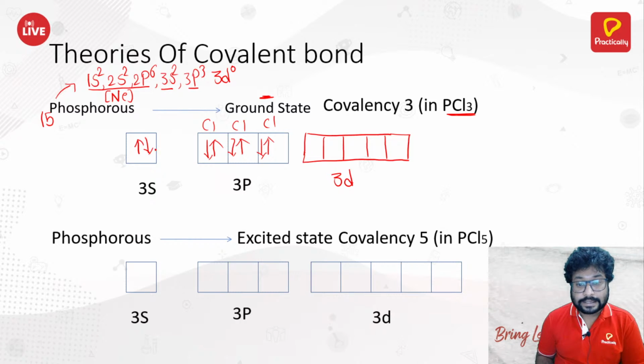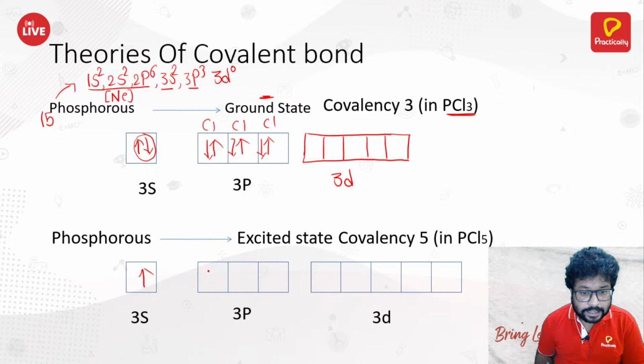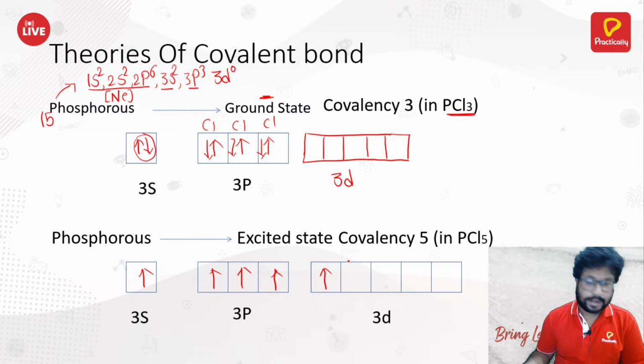But in the excited state, this electron pair gets promoted to the empty d orbital. So here you get a single electron in s, the 3 electrons of p were already there, and now you have 1 electron in 3d.